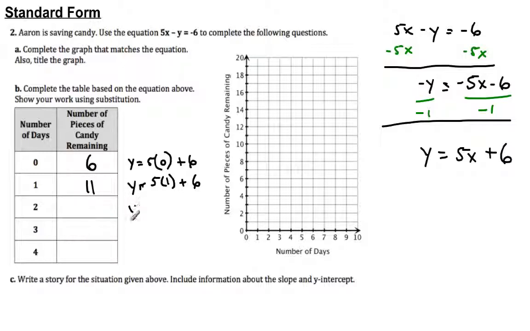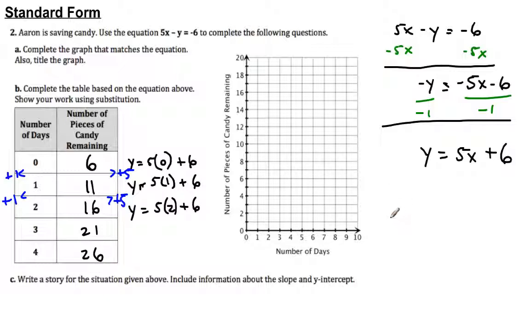And then here, y is equal to 5 times 2 plus 6. So 10 plus 6 is 16. Hopefully now you see the pattern of the slope. This goes up plus 5 each time as this goes plus 1. So let's fill in the rest. 6 to 11 to 16 to 21 to 26.